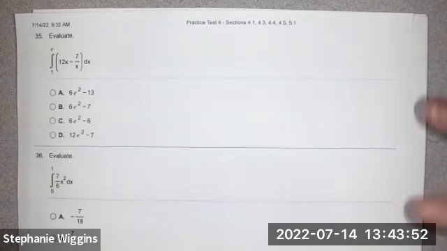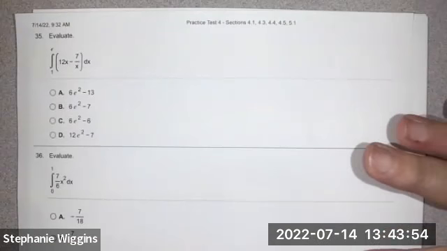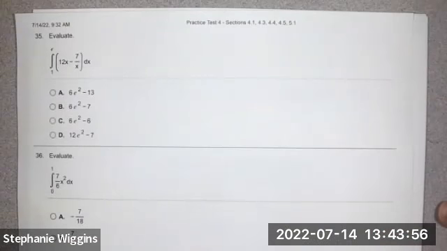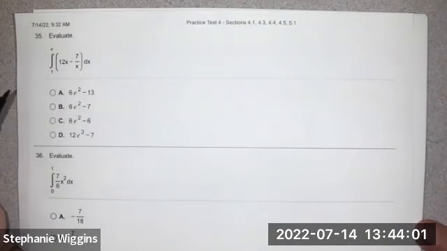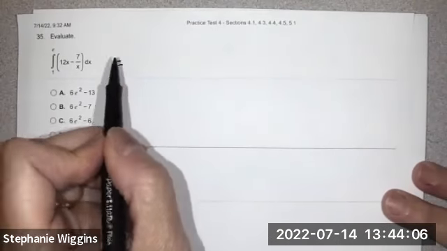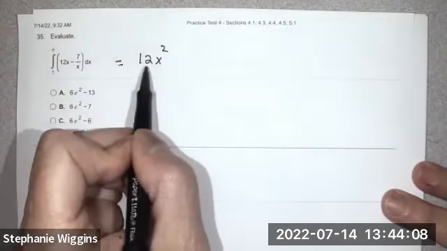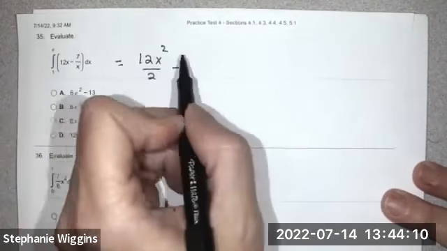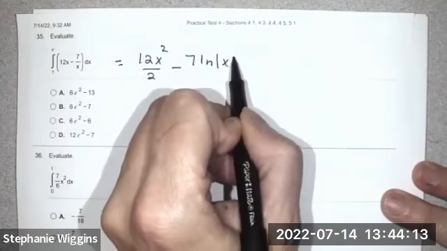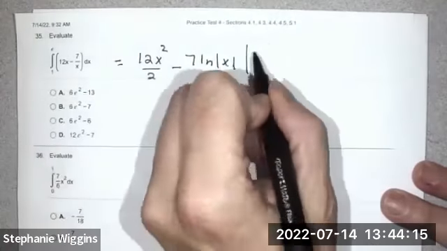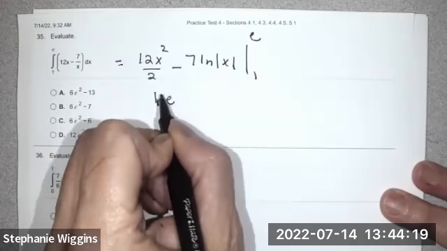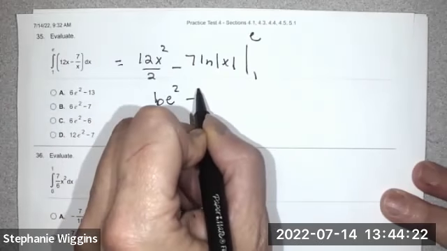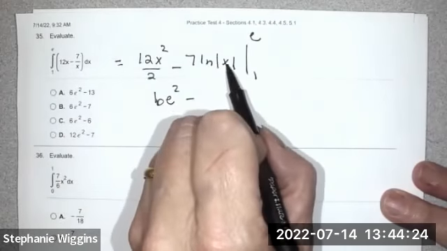I have another one of those here. The integral from 1 to e of 12x minus 7 over x dx. That is going to be 12x squared over 2 minus 7 natural log of x evaluated from 1 to e. So you plug in e, you get 6e squared minus 7, since the natural log of e is 1.